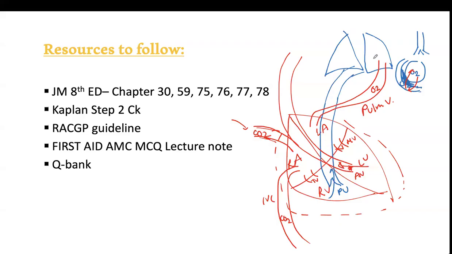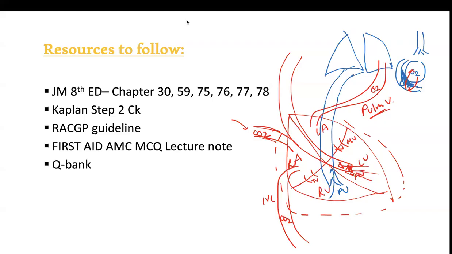It goes to the lung. The lung makes it oxygenated. Then oxygenated blood will come to the left atrium through the pulmonary vein. Then it goes to the left ventricle, and then through the aortic valve, the left ventricle will push the blood into the aorta and then it goes to the rest of the body.